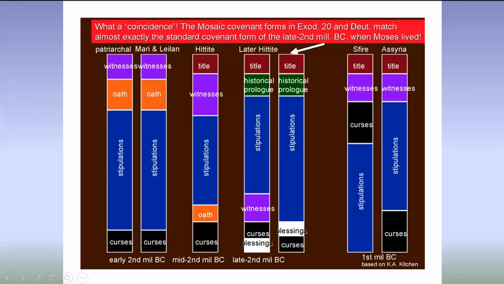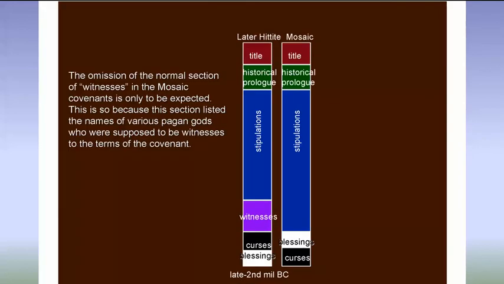And this fits Moses. And here's the direct comparison. The only difference is that the witnesses section in the later Hittite treaties is not present in the covenant forms during the time of Moses. The obvious reason is that the witness of the covenant is implied to be one God, not multiple gods. So Moses intentionally leaves that out, because it's assumed that there's just one witness to the covenant that God has made with his people.